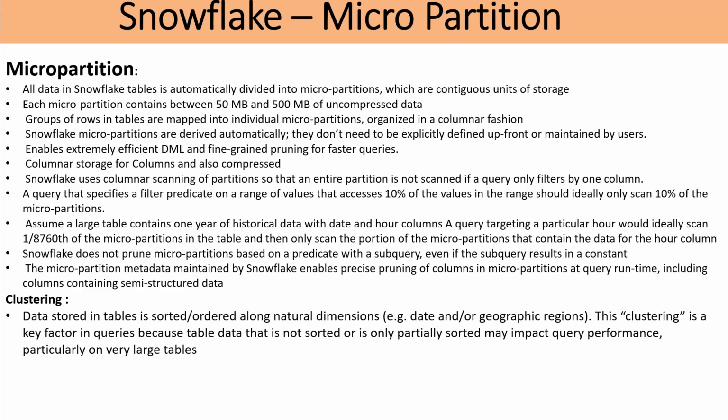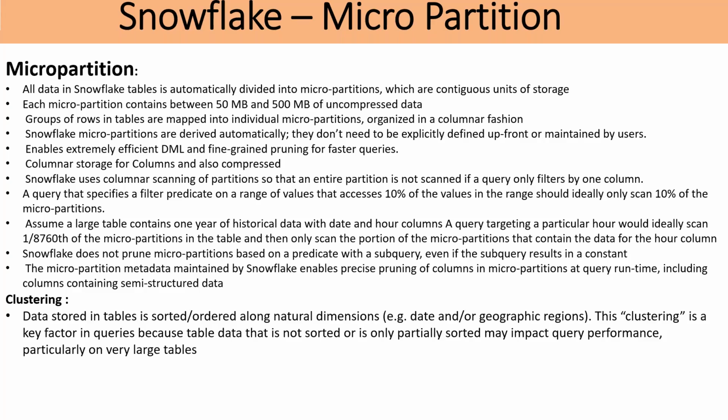Then it identifies the micro partitions which have department number 10. And if you have given select star from EMP, then it has to get all the data from those micro partitions. How does it give 10?